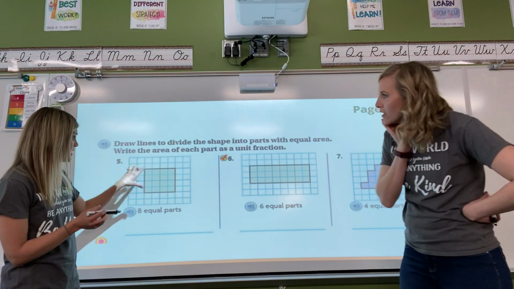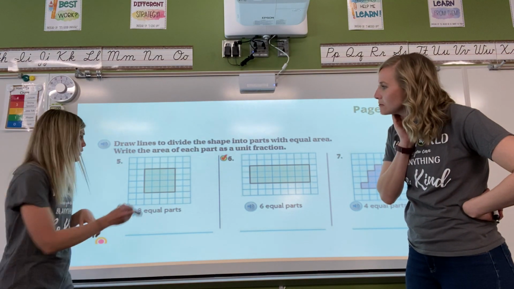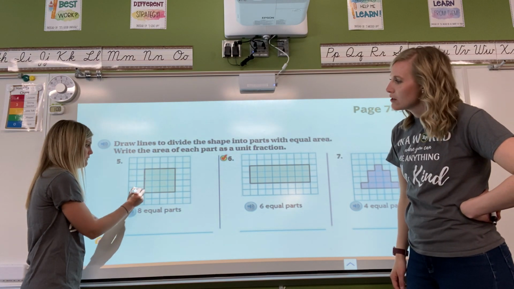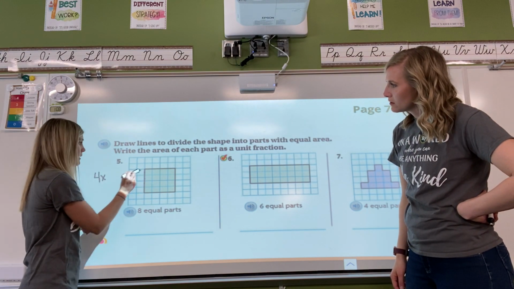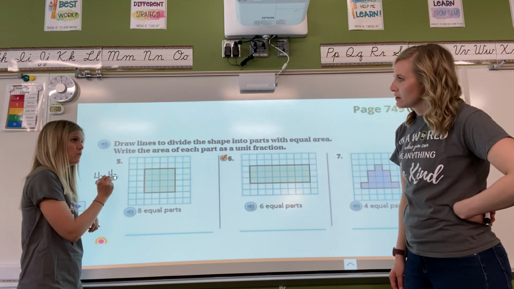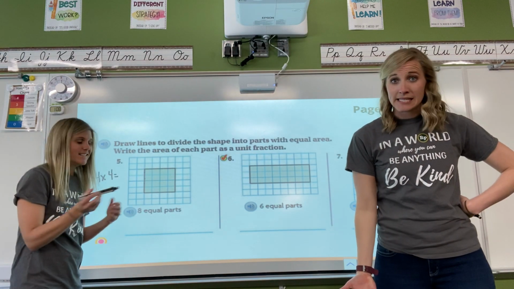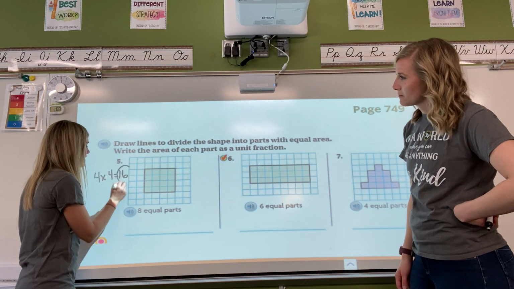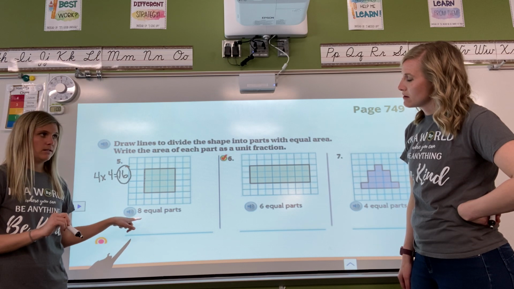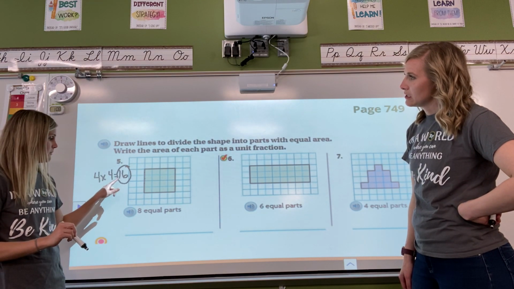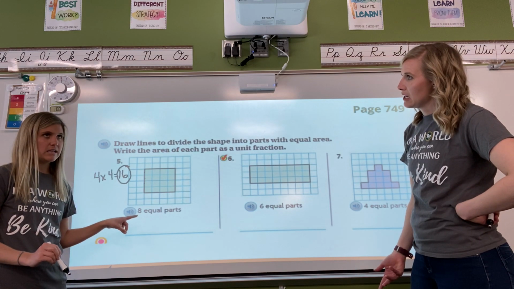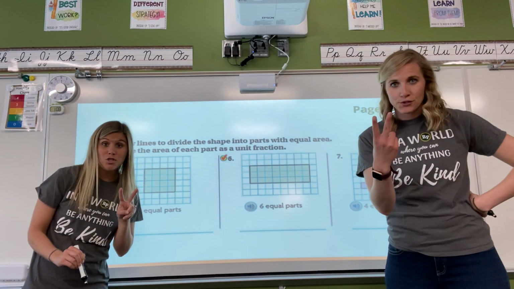Okay? So since this is a perfect shape, we can do length times width. So if I did 4 times 4, I would get 16. So the area is 16, and I need to split that into 8 equal parts. 16 divided by 8 is 2.